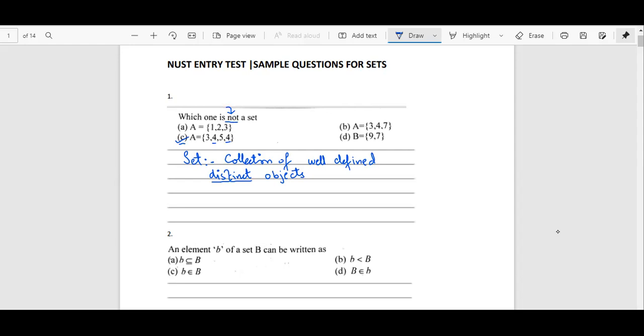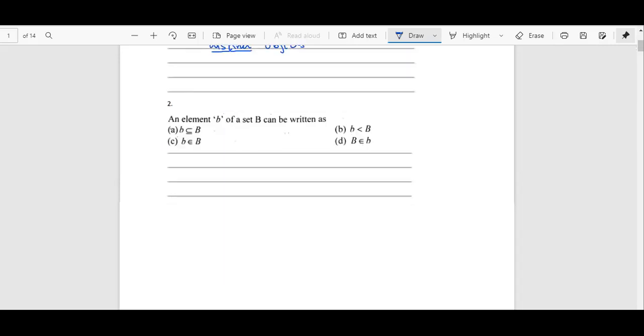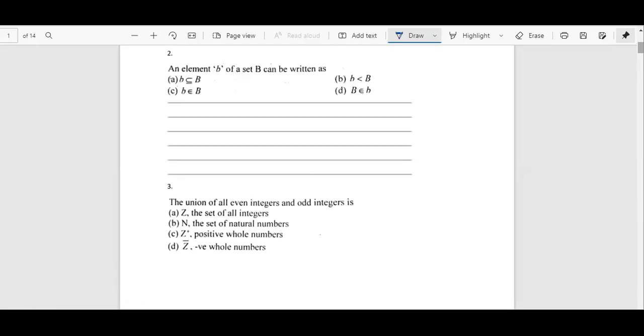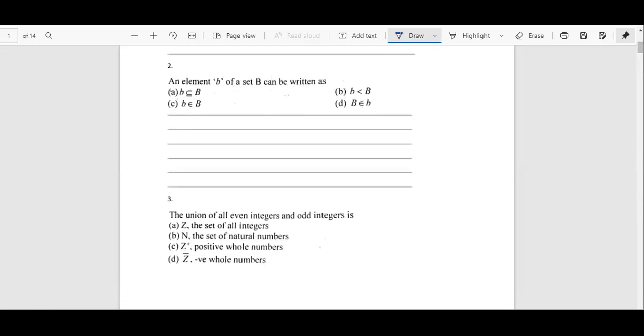All right. So the second question is this one. Okay. So the question is, an element b of a set B can be written as. Now the element is small b and the set is capital B, right? So here we are discussing the notation, right?